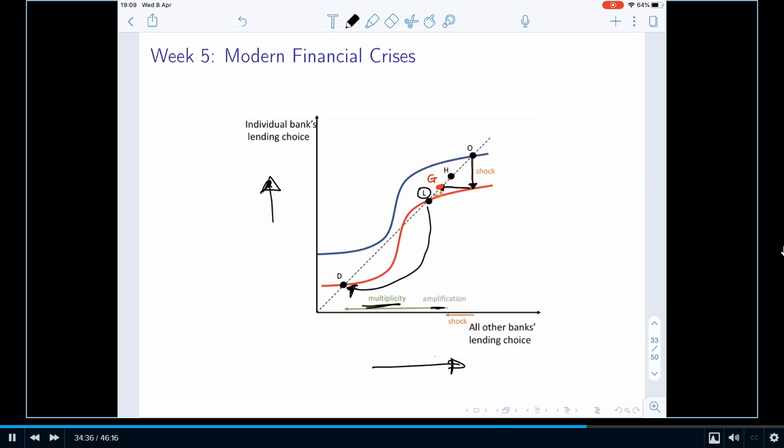So overall, because these best response curves have become upward sloping, this can make the banking system extremely sensitive to relatively small shocks. So we have the initial shock, the impact gets amplified by the upward sloping nature of the best response curve, and if we have multiple equilibria, we could even have a multiplicity jump.